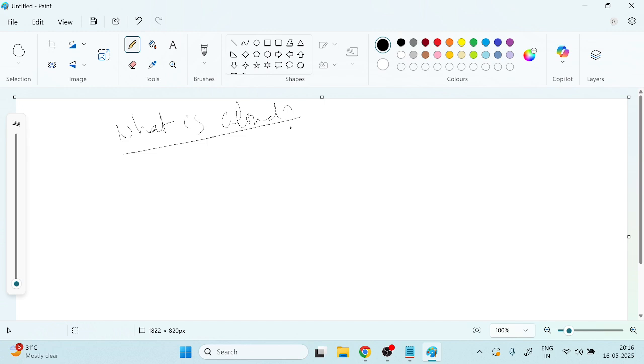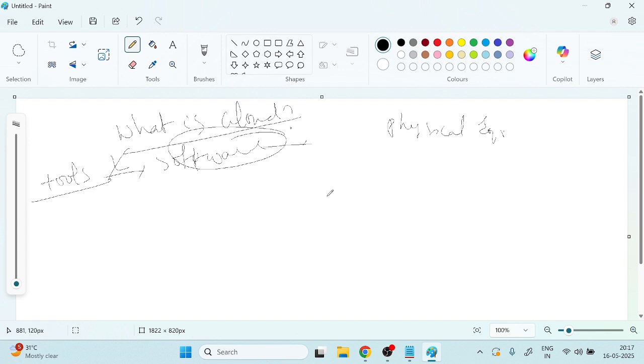Here we have the databases, and we only use tools. In on premises we are using physical equipment, but here we will only use tools and software. Preparing the software without any physical equipment, that will be cloud. You can say the small definition for this.